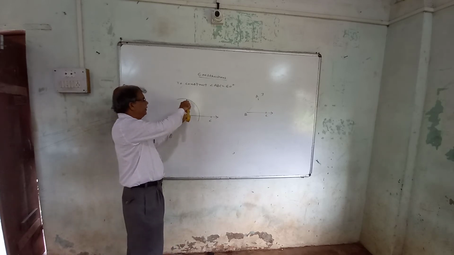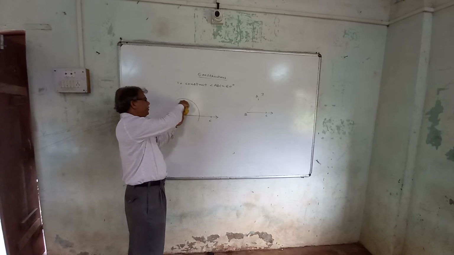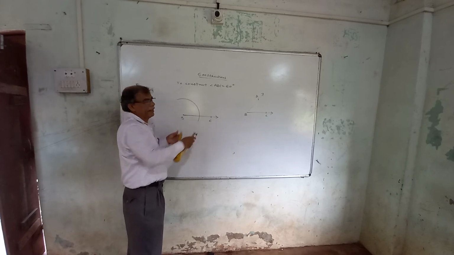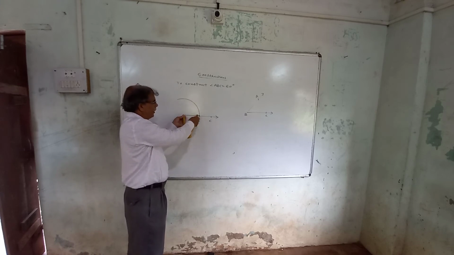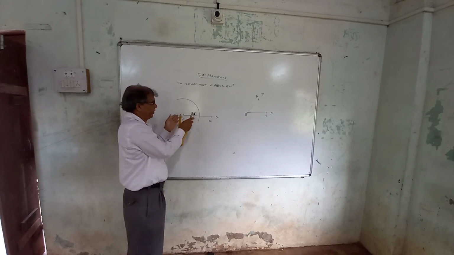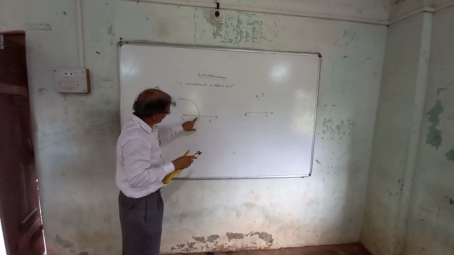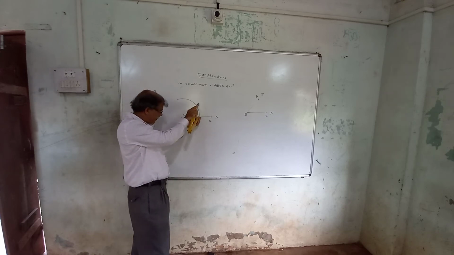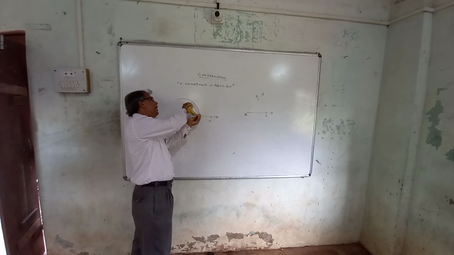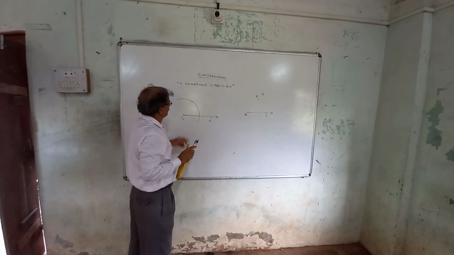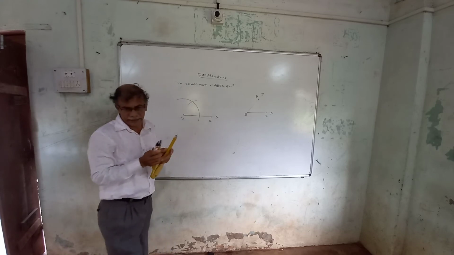Take any distance if you want, but the distance should then be the same. Complete the arc. Now see, I have drawn this arc. With the same distance, keep the compass here and draw the arc which intersects your original arc like this. So this is the point of intersection, isn't it?